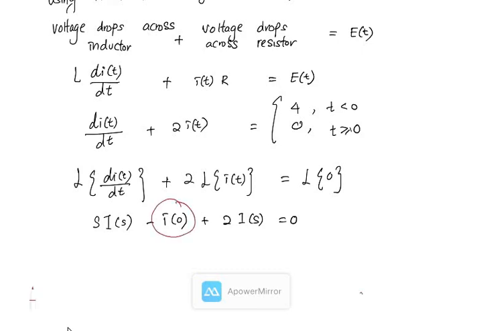Assuming the circuit was in steady state for t less than 0, with V equal to 4 volts and R equal to 2 ohms, the I(0) is given by I equal to V over R. V is 4, R is 2, which gives 2.